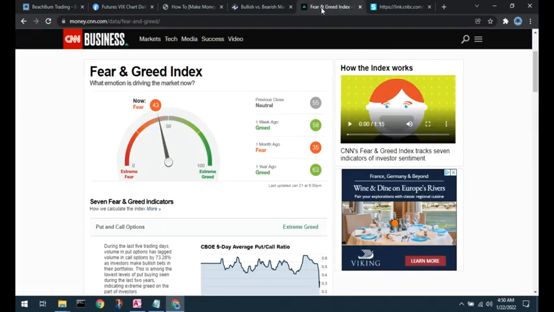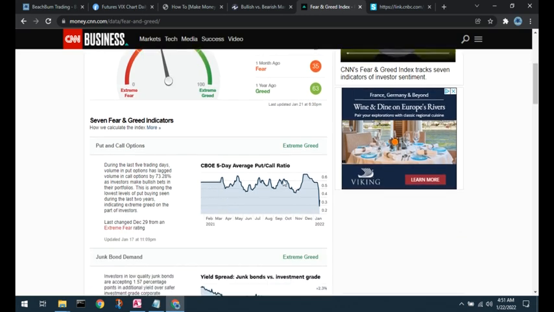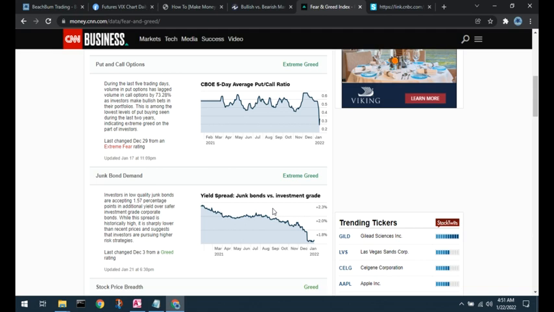So we can see, although the markets were in decline and there was a lot of volatility this week, the Fear and Greed Index is still only sitting at mild fear. It's only 43, where 0 is extreme fear and 100 is extreme greed. And you can see the factors in their index, such as put and call ratios.